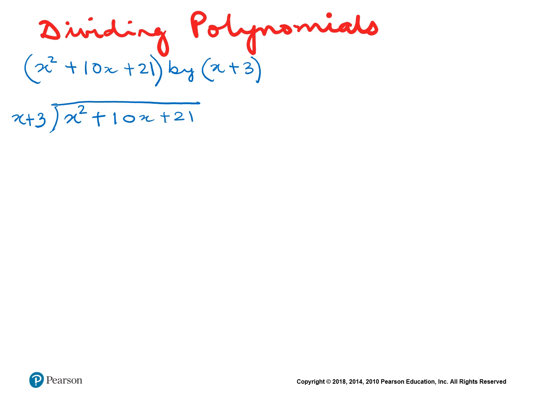I'm going to write here x, just x. And then remember, this is a binomial. All right, so what you have to do is multiply this x with x plus 3, both the terms. All right, so x times x is x squared.